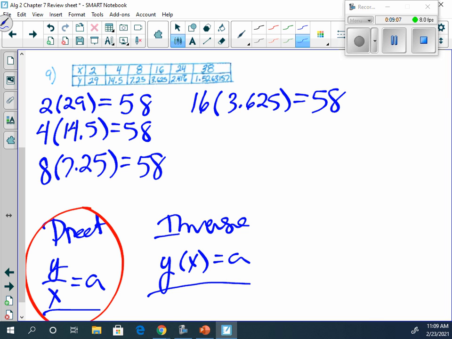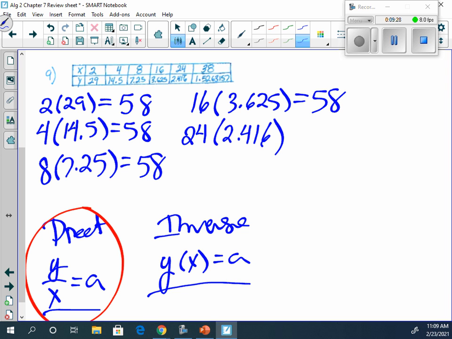And it's looking good. Now, probably some of you might have had a little difficulty, because if you did 24 times 2.416, if you typed it in just like this here, it would have given you 57.984. So it's not quite 58.